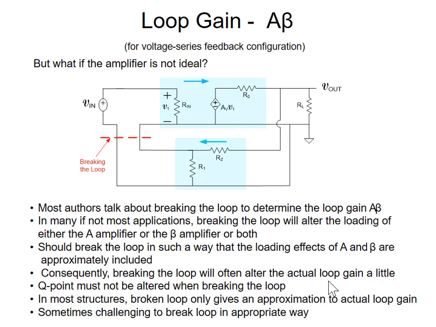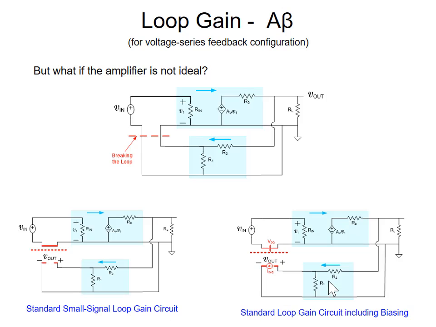Also, we can't screw up the Q point when we break the loop. If we screw up the Q point, some transistors may go into a different region of operation. So consequently, in most structures, a broken loop only gives an approximation of the actual loop gain. In some structures, it's not even real easy to break the loop in a way that seems to make sense.